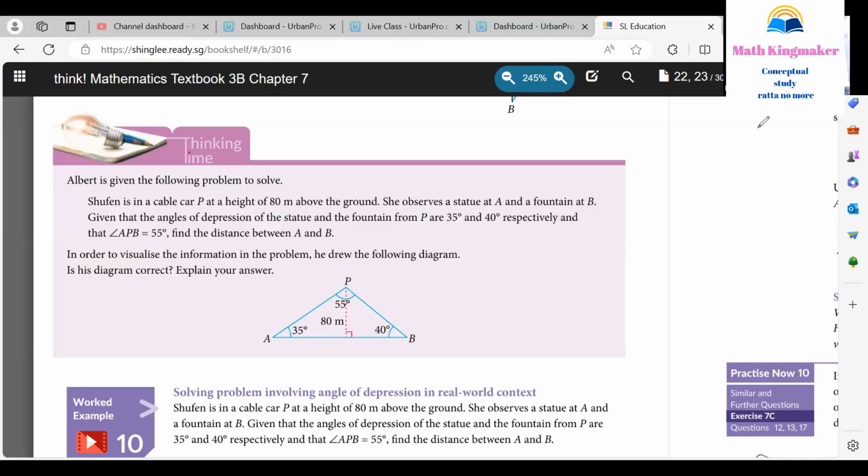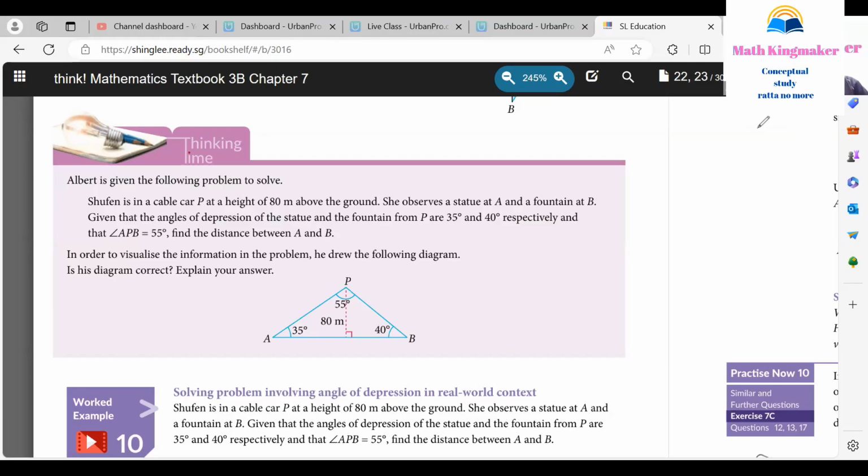Sufyan is in a cable car P at a height of 80 meters above the ground. She observes a statue at A and a fountain at B. Given that the angle of depression of the statue and the fountain from P are 35 and 40, I told you the angle of depression is equal to the angle of elevation.